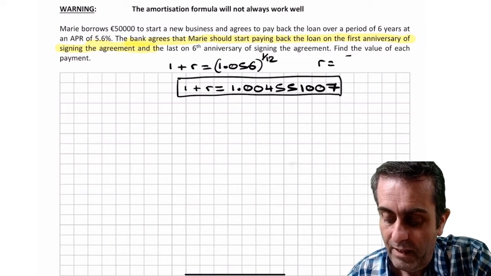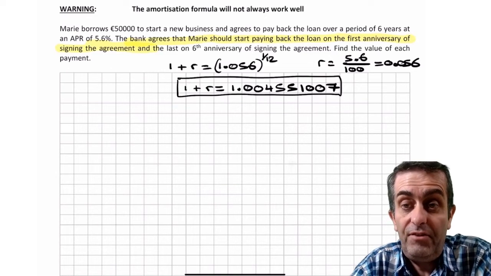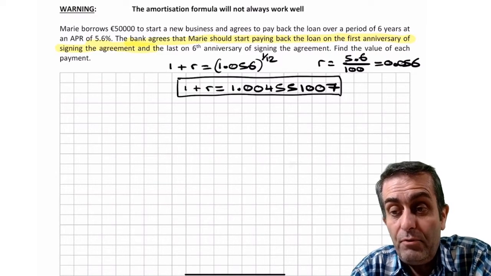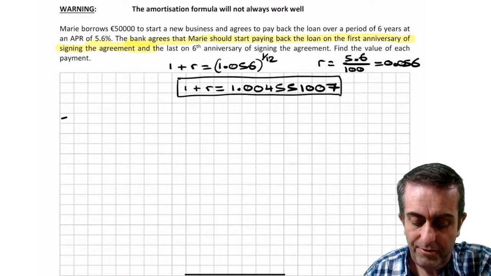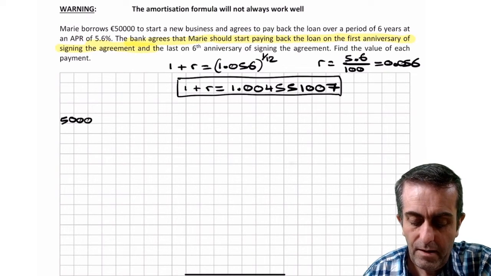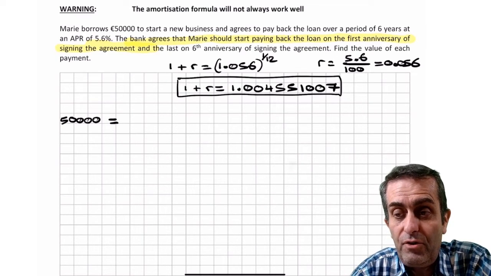So that's 1 plus little r being the decimalized interest rate, the interest rate divided by 100. Remember, r equals 5.6 divided by 100, which is 0.056, and then 1 plus little r is clearly going to be 1.056. Now, remember the rule. The initial value of the loan, 50,000, must equal the sum of the present values of all future payments made against that loan.